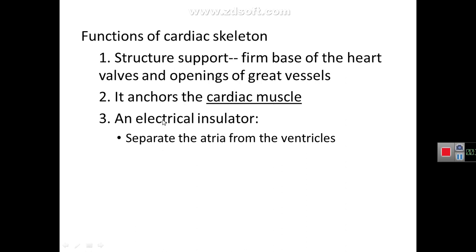And this fibrous skeleton acts as an electrical insulator between the right and left atria and the right and left ventricles, so that, as you will see later on, the electrical impulses from the atria could not pass from the atria into the ventricles unless passing through a specific bundle, which is called the AV bundle.